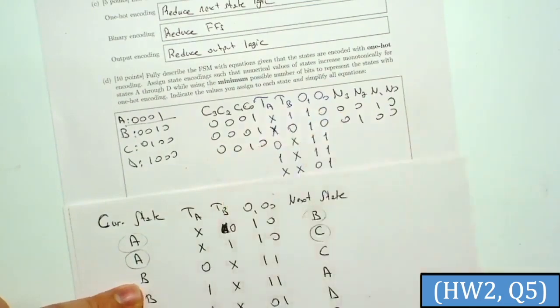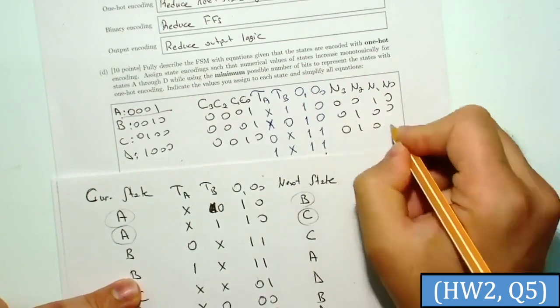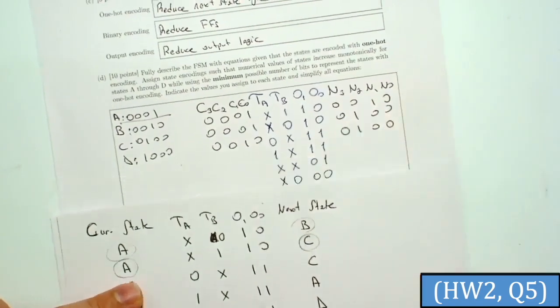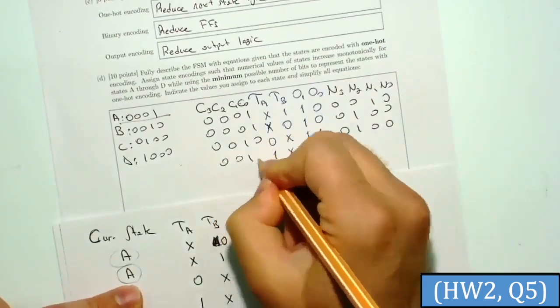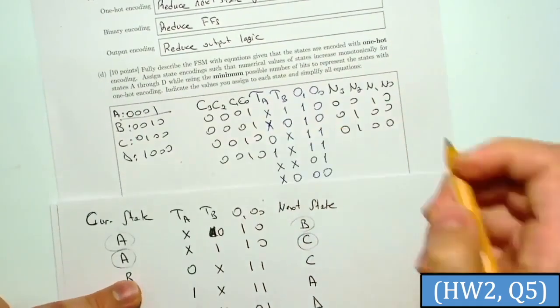So this will be B, and the next state will be C, and I represent C like this. And again B, and the output will be A.